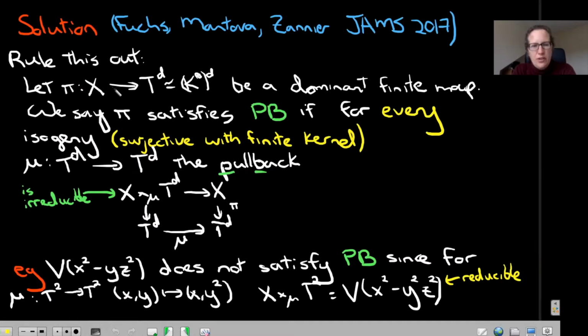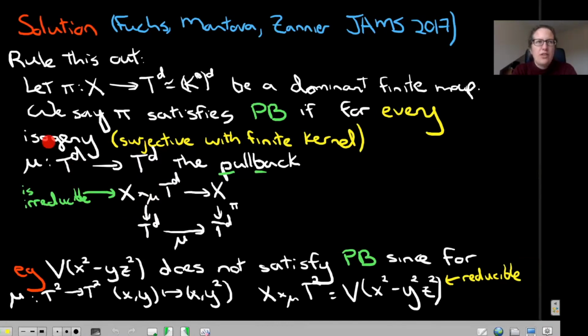Let me give you the definition, and then we'll see what it means on this example. We say that pi satisfies the property PB, that's for pullback, if for every isogeny mu from T^D to T^D, the pullback is irreducible.